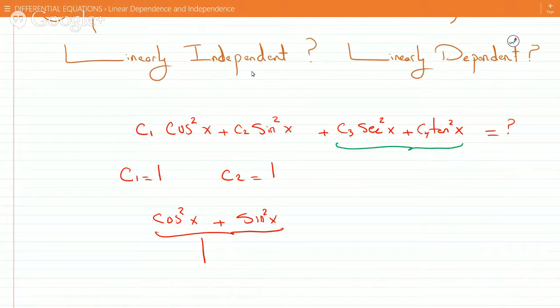Well, I know from trig that secant squared x equals 1 plus tan squared x, which makes tan squared x minus secant squared x equal minus 1. You agree?